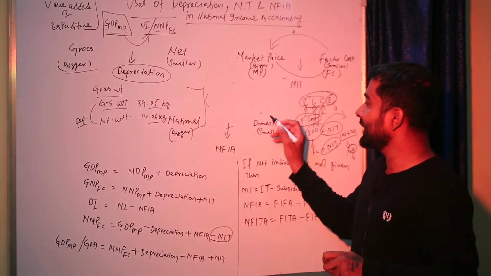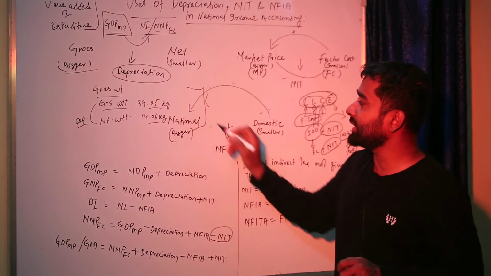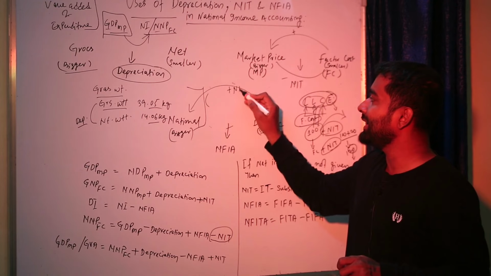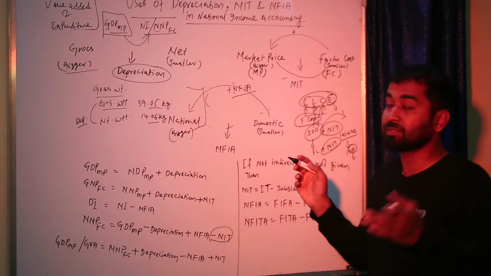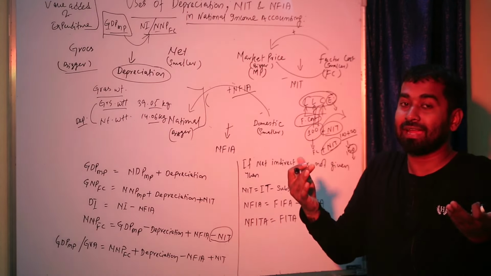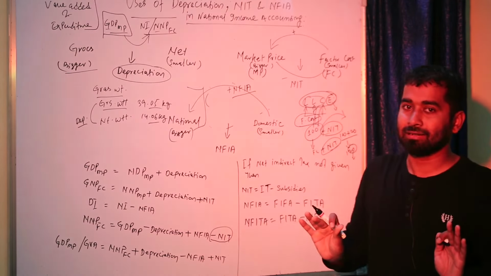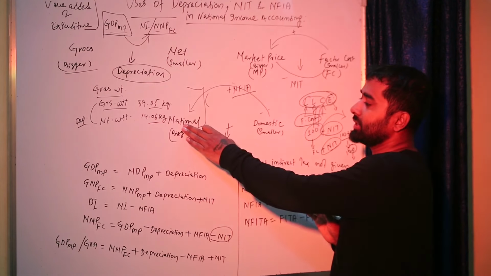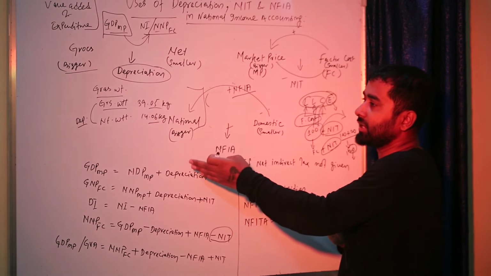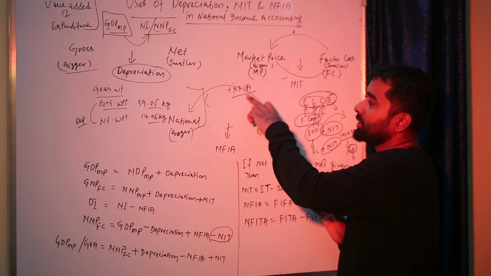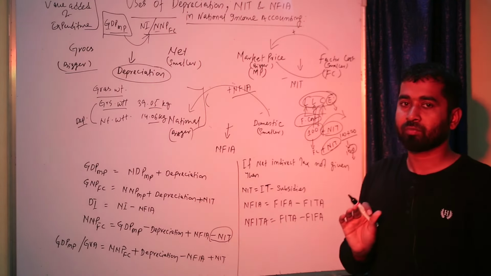If domestic income is converted into national income, definitely you should add NFIA. As per the definition, the income earned from outside is also supposed to be added. So for making national income from domestic income, you should add NFIA.